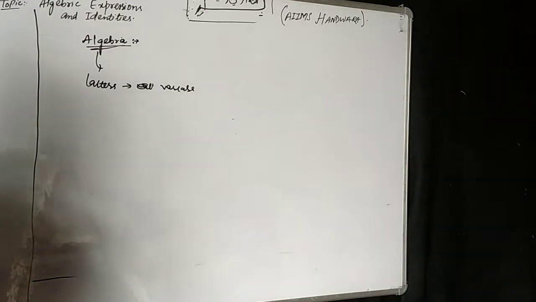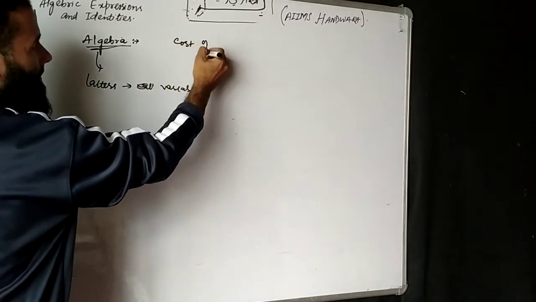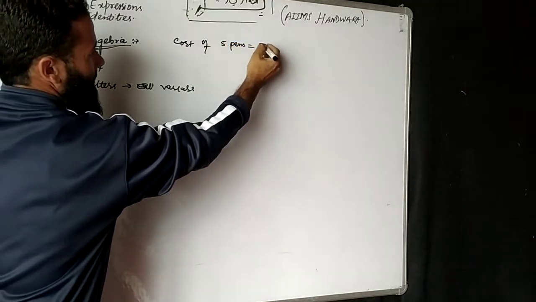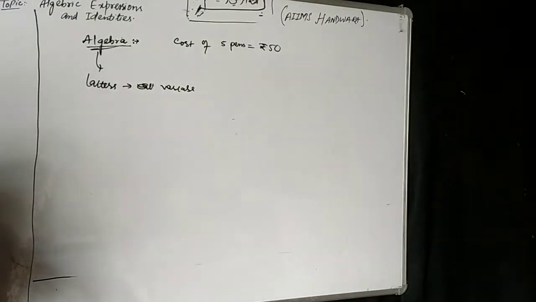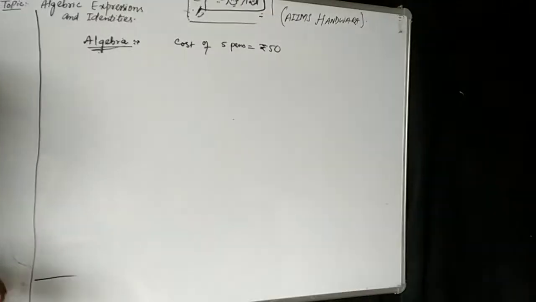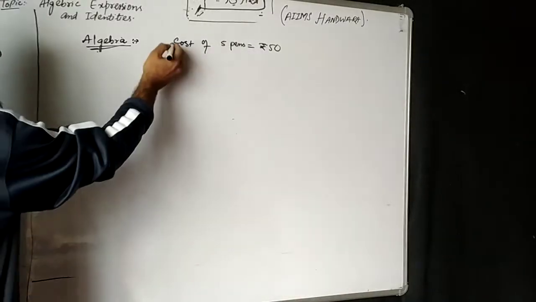Let's have an example. If we are given a statement that cost of 5 pens is equal to rupees 50, what will be the cost of 1 pen? Now let's solve this example.